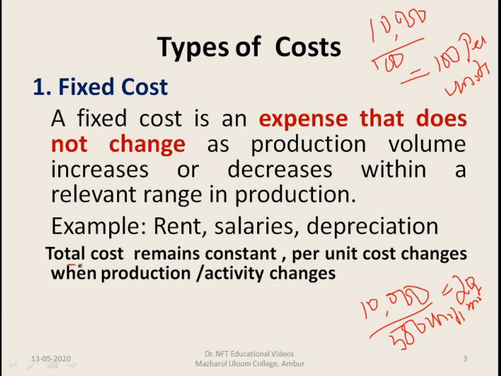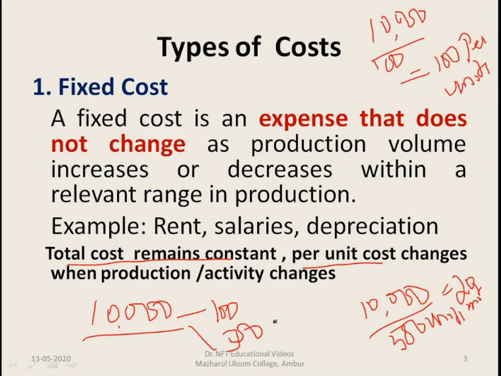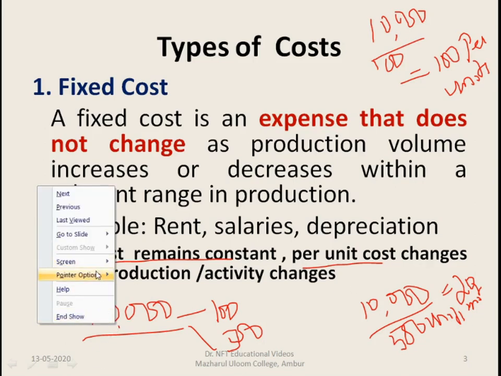The total cost remains constant, and the per unit cost changes. Whatever the level of activity, 10,000 is the rent, whether it is 100 per unit or 500 per unit. Whereas the per unit rent changes.